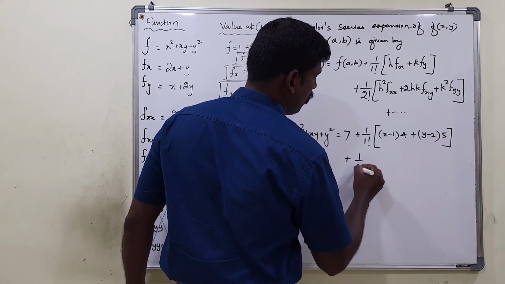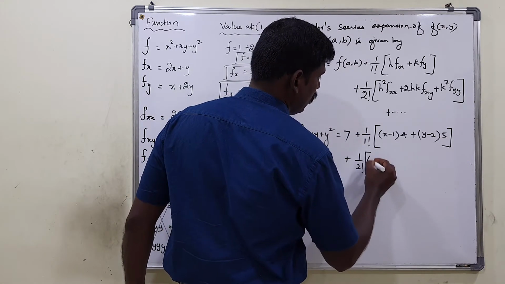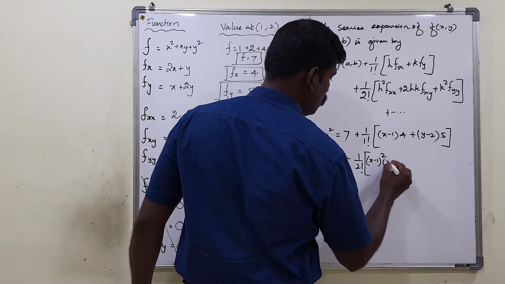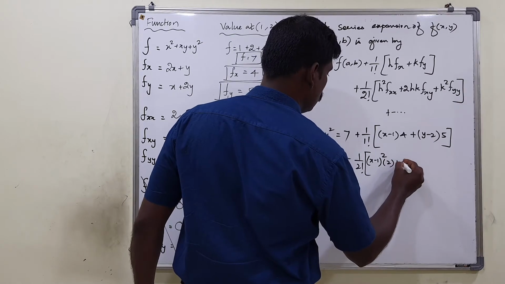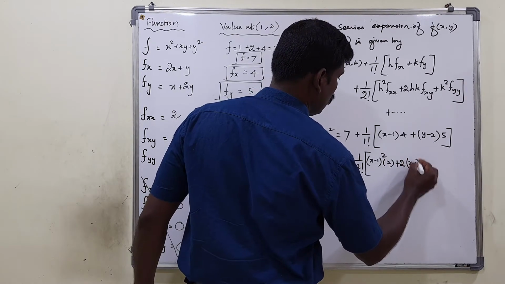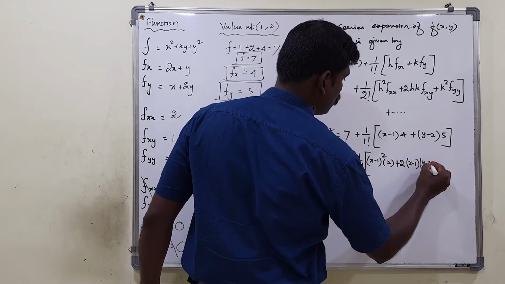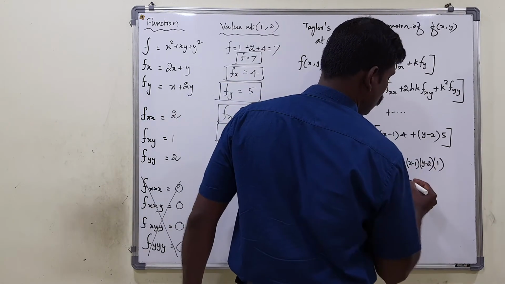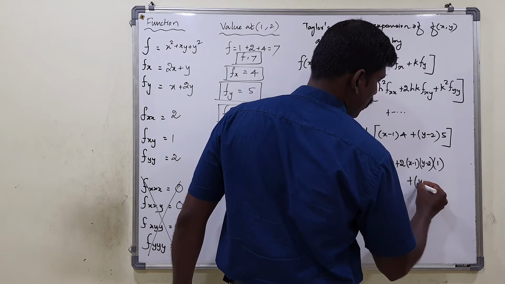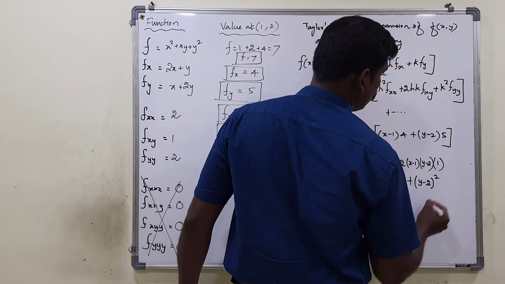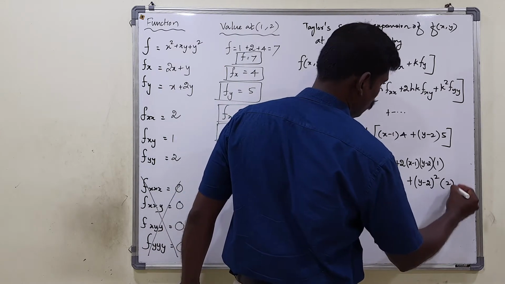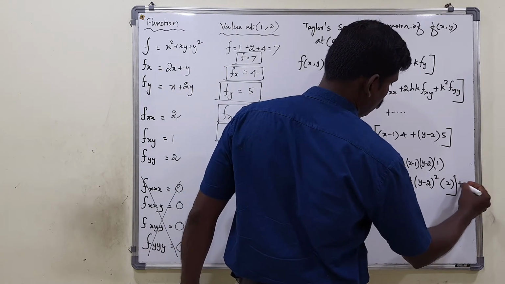plus 1 by 2 factorial into x minus 1 the whole square into f double x is 2 plus 2 into x minus 1 into y minus 2 into 1 plus y minus 2 the whole square into f double y. What is f double y? It is 2 plus that.